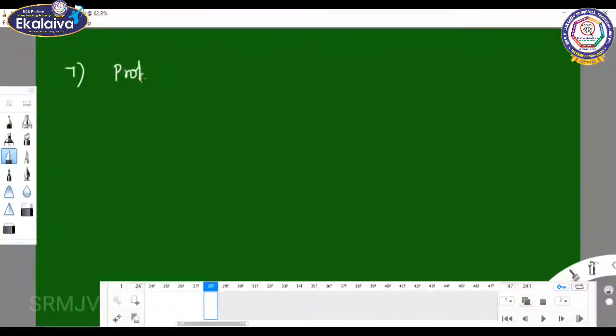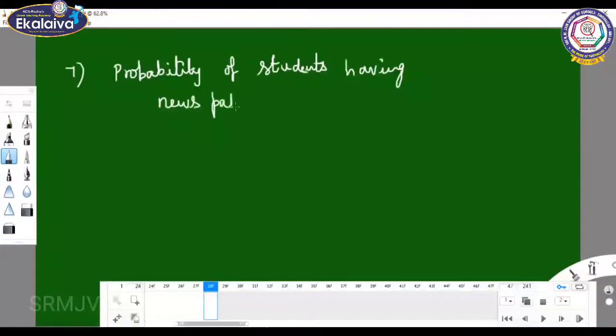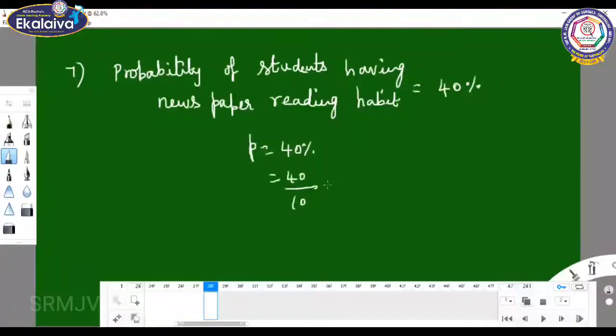So the probability of students having newspaper reading habit is 40 percentage, that is p equal to 40 by 100, which gives 0.4.